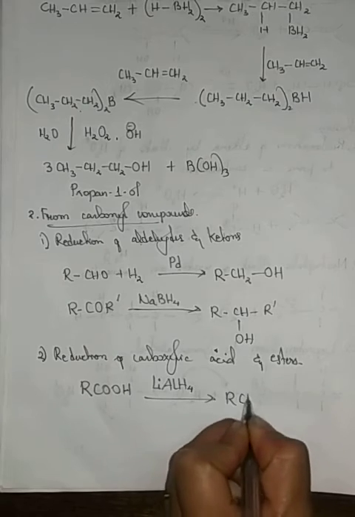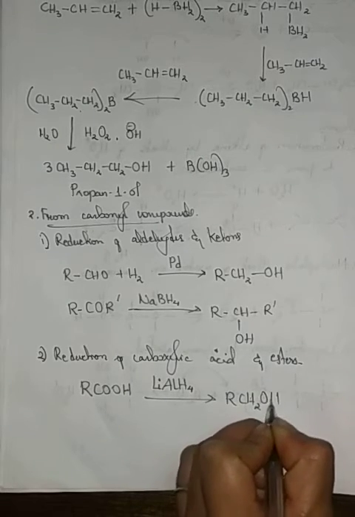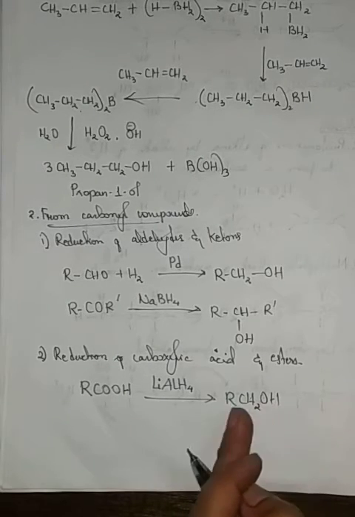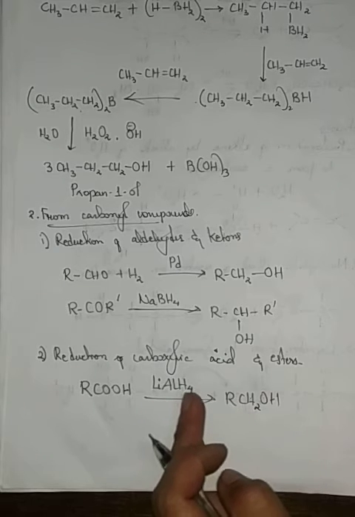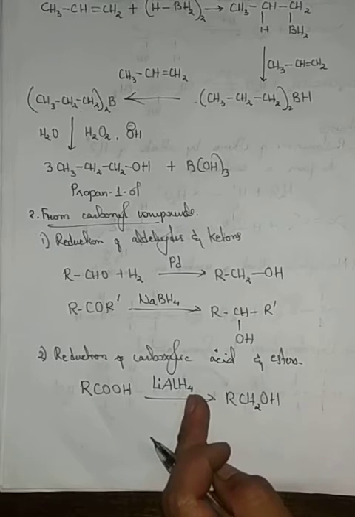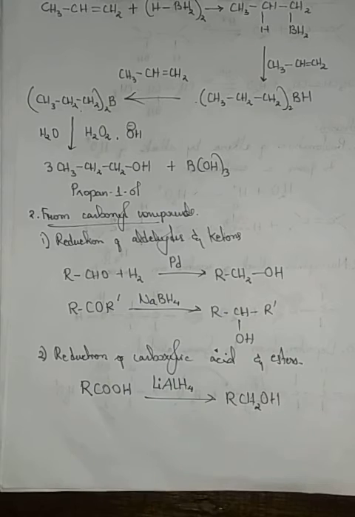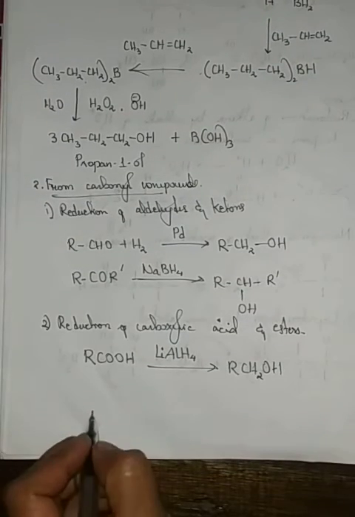A carboxylic acid RCOOH is reduced to RCH2OH in excellent yield. However, lithium aluminium hydride is a very expensive reagent, and therefore it is used for preparing special chemicals only.